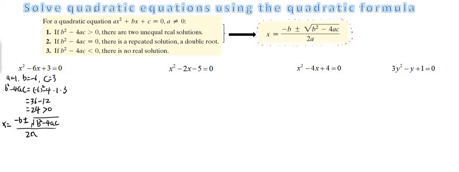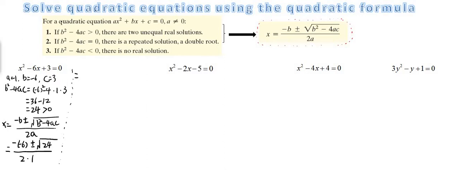Now we can plug in. b is negative 6, and for the square root, b squared minus 4ac, we already calculated it: it equals 24, so we just copy it, divided by 2a. a is 1, so we can simplify.